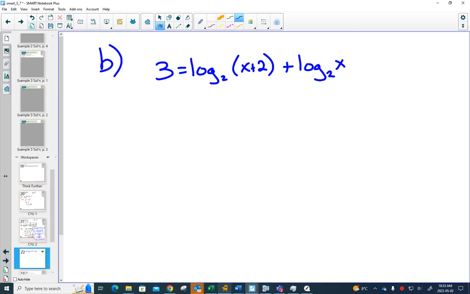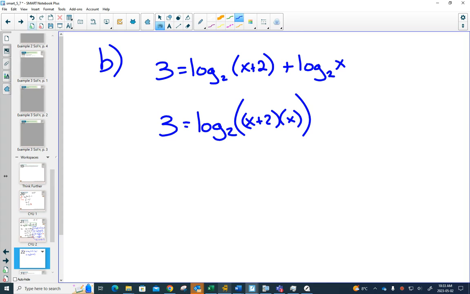And this one we won't be able to use the shortcut because we don't have a log on both sides. We do still combine things to get a single logarithm. And since we're adding, that would be multiplying.